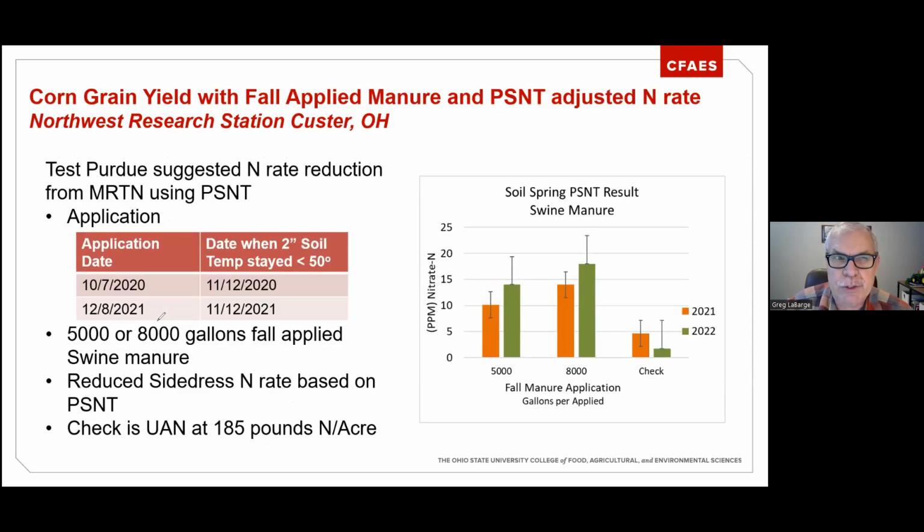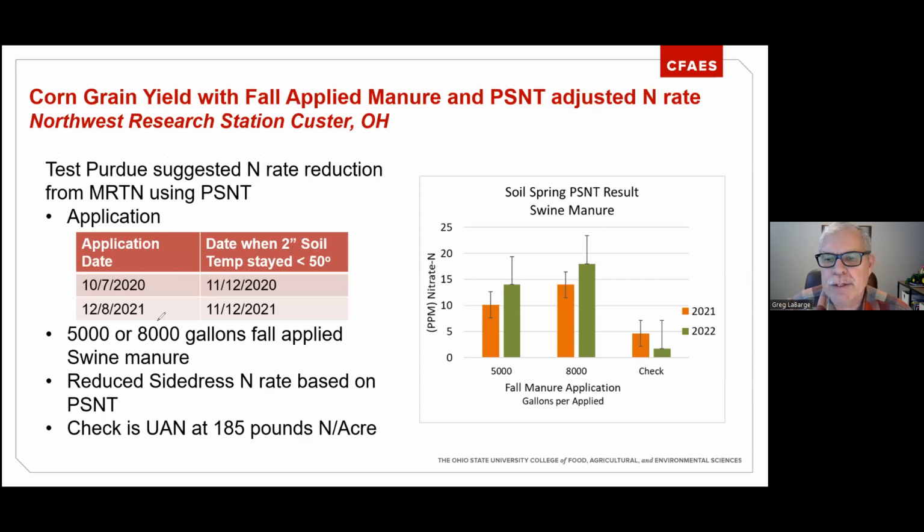Here is a number. We tried to put this to the test in a study at our Northwest station in 2020 and 2021. We applied 5,000 and 8,000 gallons of manure. Then we reduced the side dress nitrogen rate based off of the PSNT test. Our check is 185 pounds of nitrogen per acre as UAN.